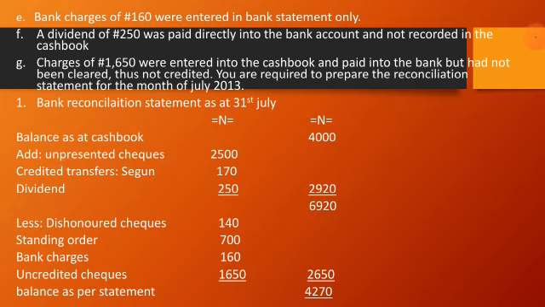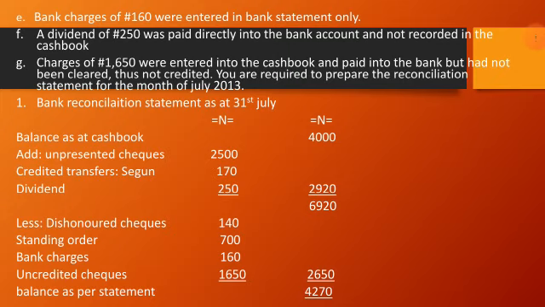Standing order payment, you have to also less it, because standing order payments are payments where a standing order has been given to the bank to make certain payments on their behalf. At the point when the bank makes such payments, the organization may not be aware. So we are going to less the value of such transactions.